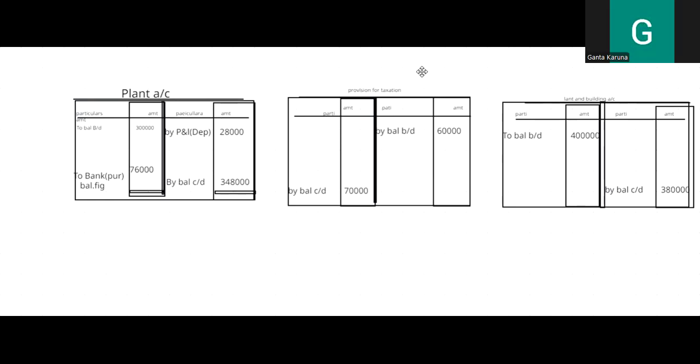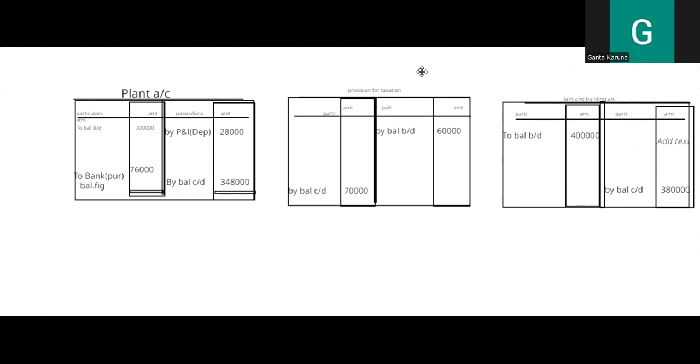But the same is going to be repeated here. We have to assume it as a closing and a sale, it's not like that. Whenever on the asset side the balancing figure is coming on the credit side, the first option is always given as depreciation. If he mentions anything, then I have to assume that particular thing. So when the value is reducing, with how much value? The value is reducing by 20,000. Then what do I have to assume first?